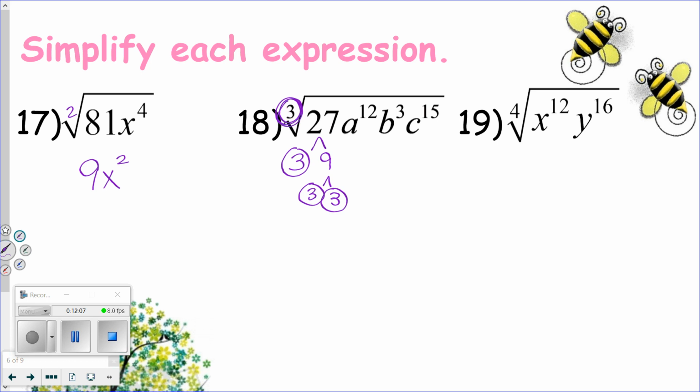Now if I'm looking for cubed root, I look for groups of 3. So I have 1, 2, 3 threes. That means a 3 comes out. It would be what? Would not be 9. Well, hold on.